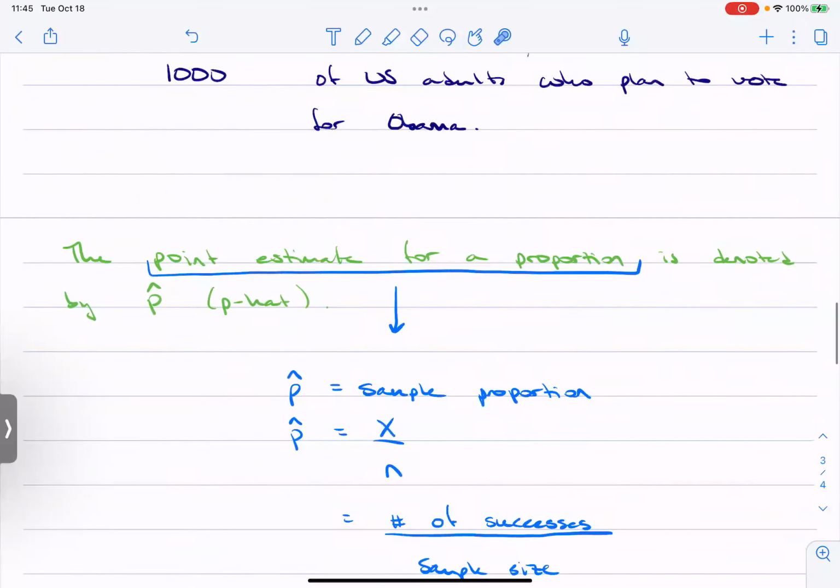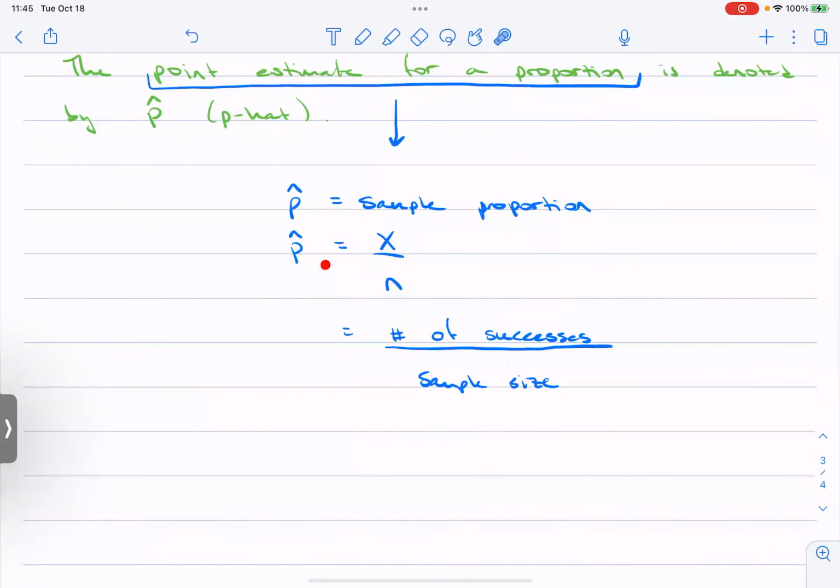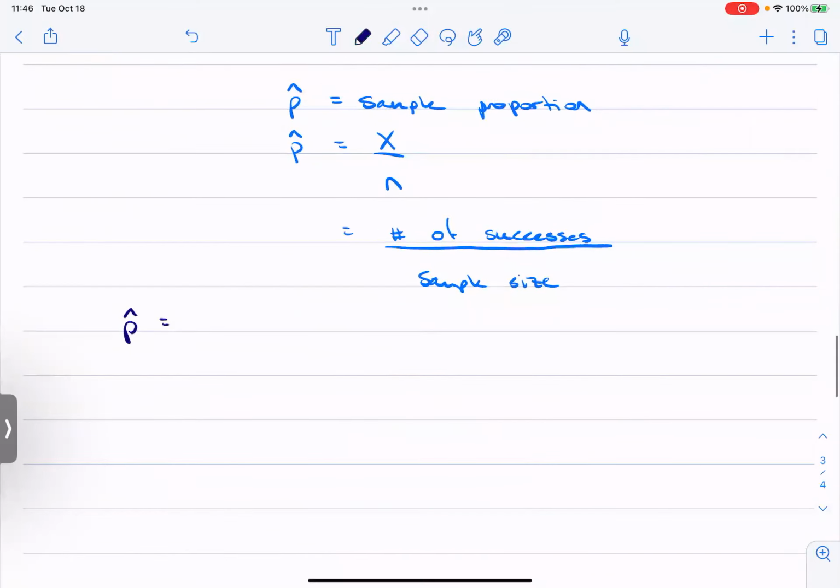And so now we're just adding some notation here. So in this case, p-hat is 567 over 1,000, which means p-hat is 0.567.